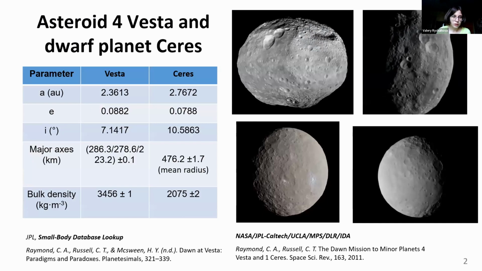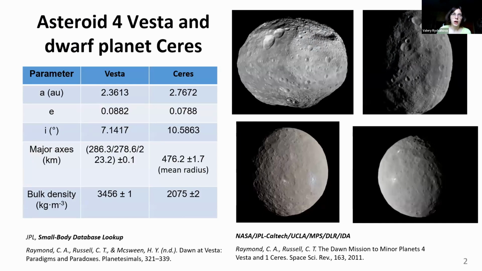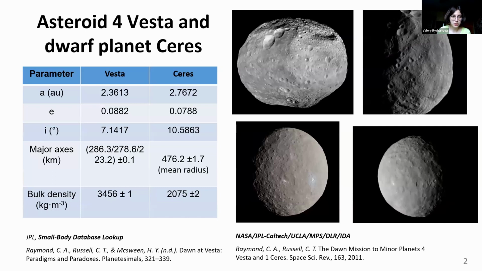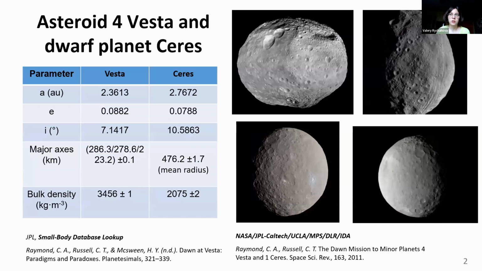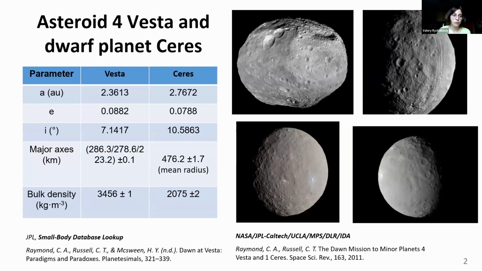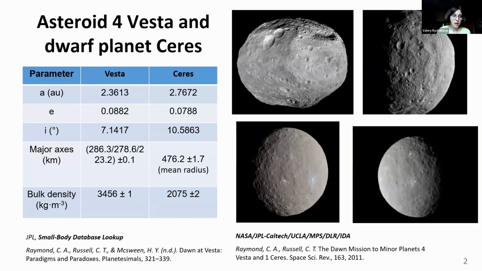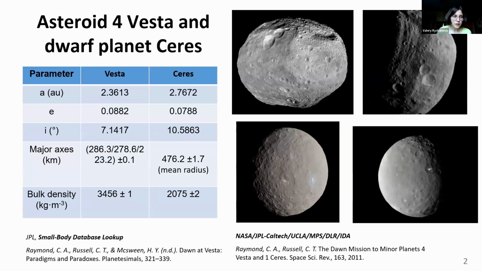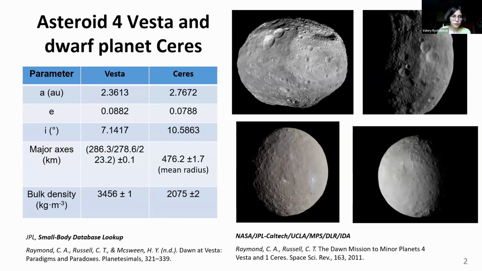First of all, let's see what the targets of the Dawn mission are. These are the two biggest objects of the main belt of the solar system: asteroid 4 Vesta and dwarf planet Ceres.